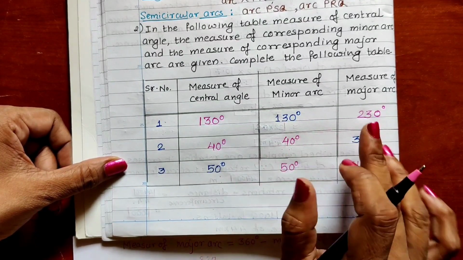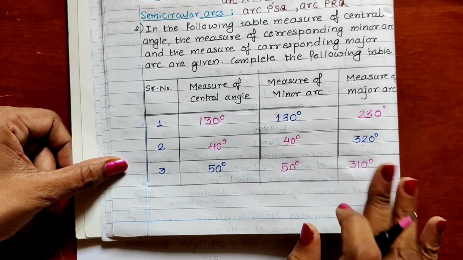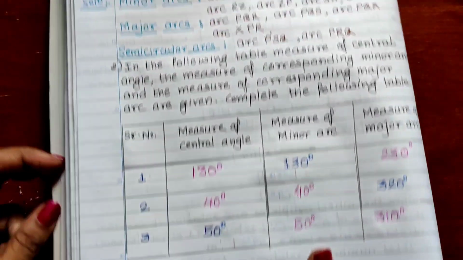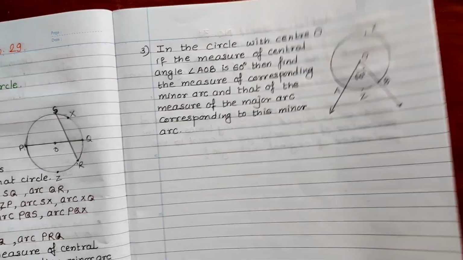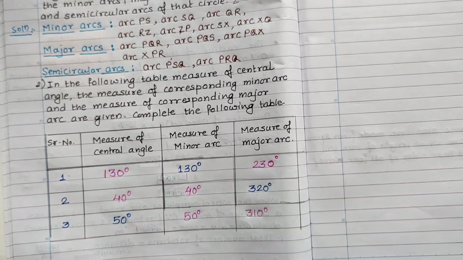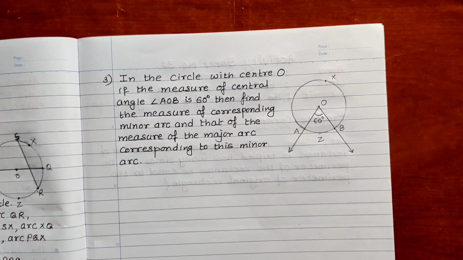In this way, orally you can fill the blanks in this table. Okay, I hope you have understood this table. Now we will go to the next page for the next question.